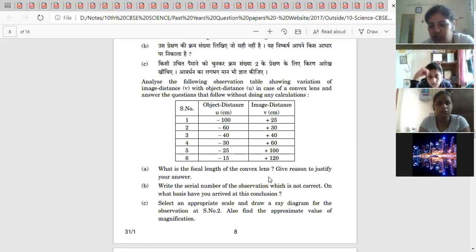First, what is the focal length of the convex lens? Give reason to justify your answer. Write the serial number of the observation which is not correct. On what basis have you arrived at this conclusion? And select an appropriate scale and draw a ray diagram for the observation at serial number 2. Also find the approximate value of magnification.